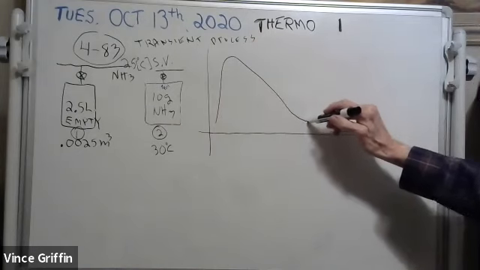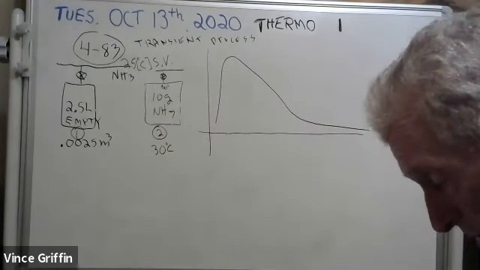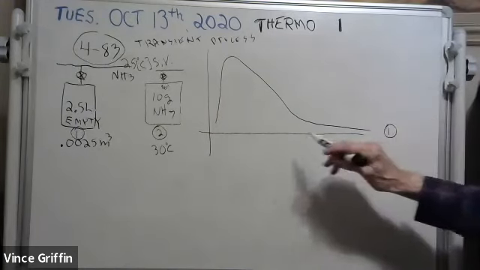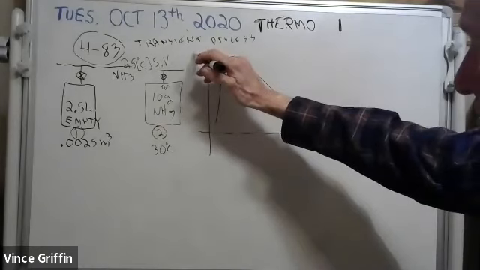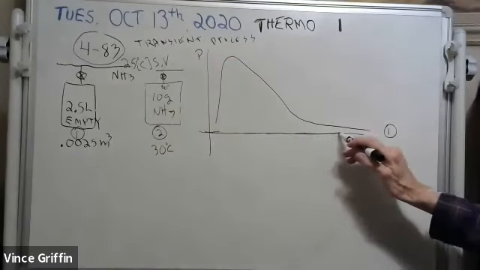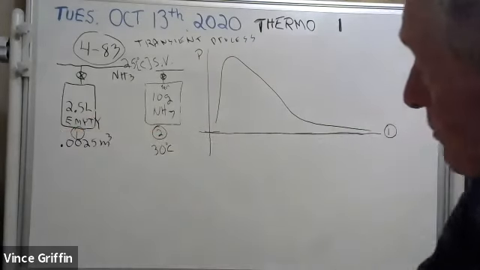And we know it's gonna do something like that. But see, state 1 is way the heck out here someplace. Because the pressure is 0. If your pressure is 0, you're on this 0 pressure line, right? It's empty. It doesn't have any pressure.